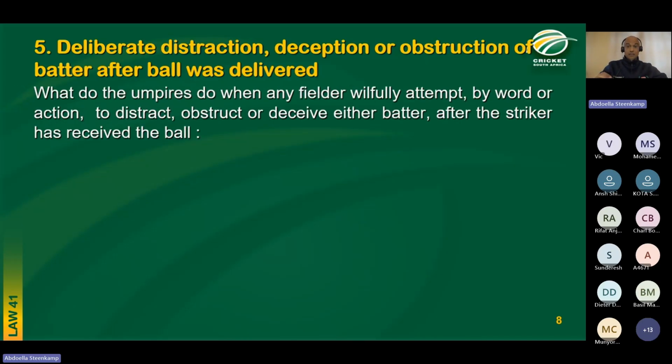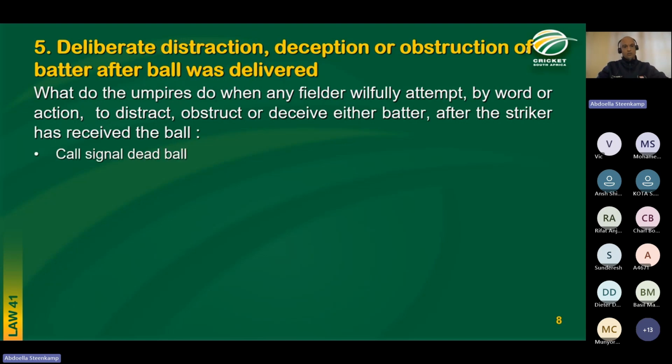And again, emphasis here is put on willful attempt, deliberate attempt by any of the fielders. And this willful attempt can be by word or action. And if this willful attempt was to either distract, obstruct, or deceive either batter, what is the punishment?